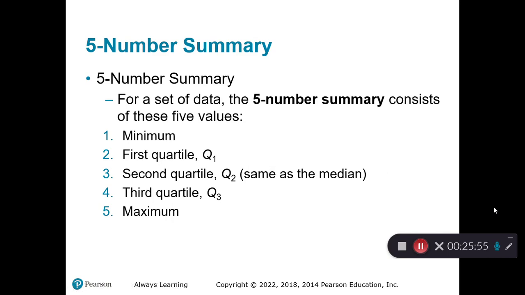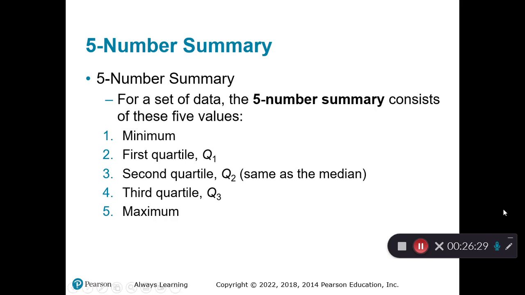Let's talk about how to summarize some of these calculations and how to use them to really inform us about what's happening with our data set. We have something called the 5-number summary, and basically it consists of 5 values as follows: the minimum value, the maximum value, and then the 3 quartiles, first, second, and third quartiles. So we have minimum value, first quartile, second quartile, which is the same as the median, third quartile, and then the maximum value.